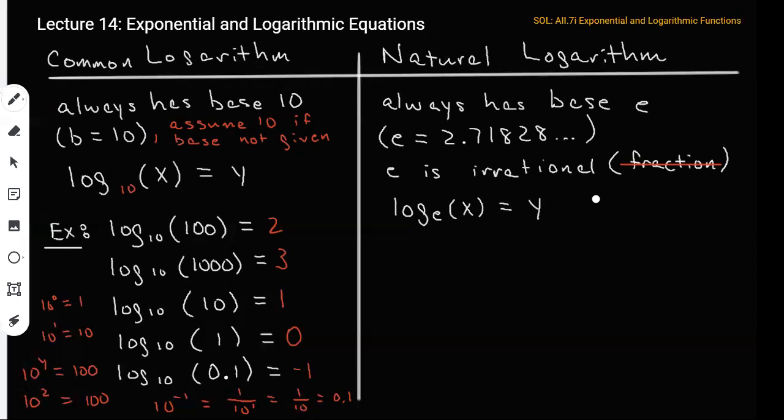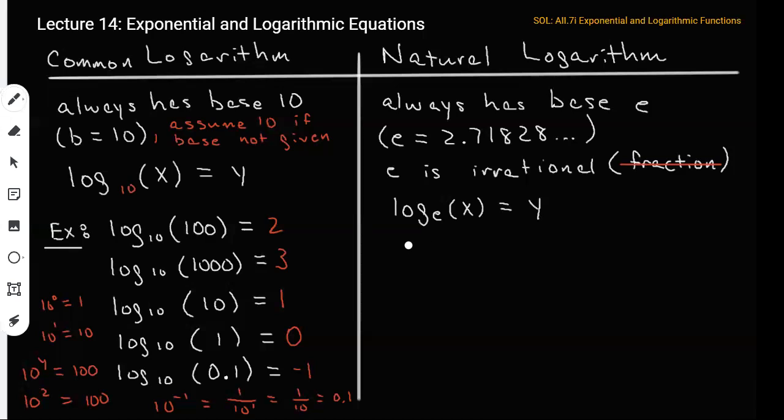Okay. So the base is going to be e. Why do we choose e? That's because it's the natural exponential number. And that becomes more and more important as you move on to pre-cal and calculus. But for right now, we can always write log base e as the natural logarithm.